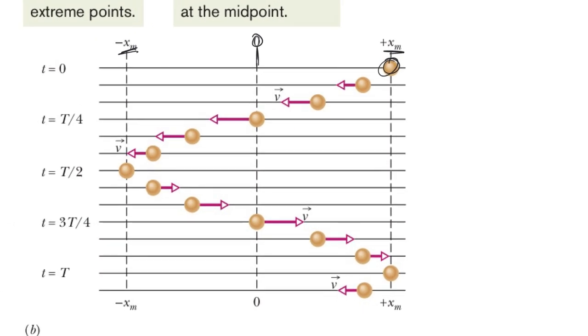It does not go farther than minus xm or plus xm. The particle cannot be here, or here. No, it only oscillates between xm and minus xm.